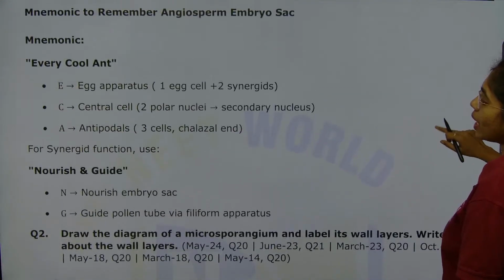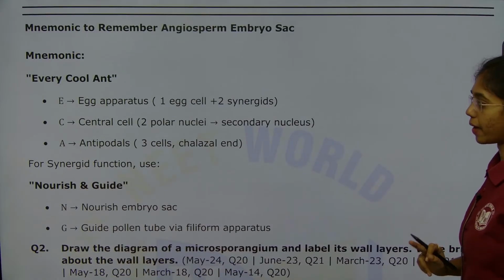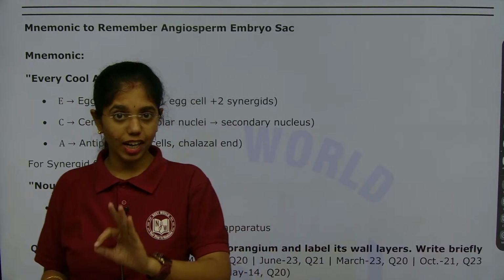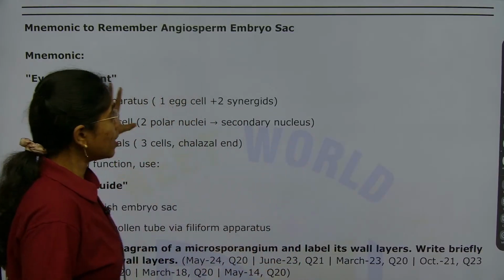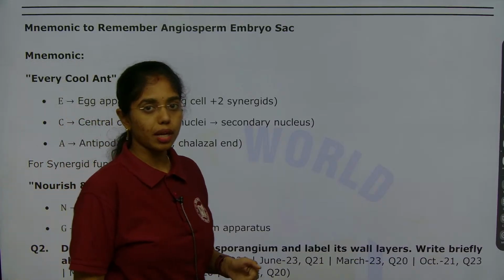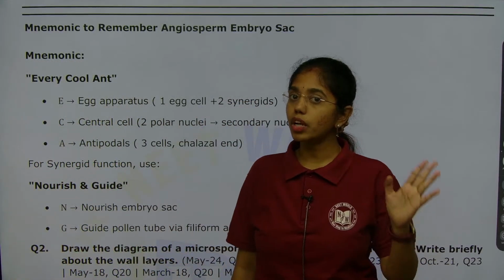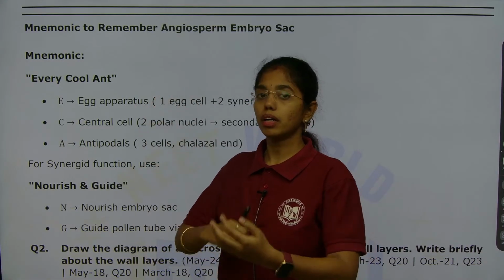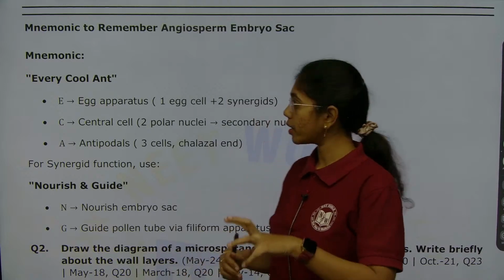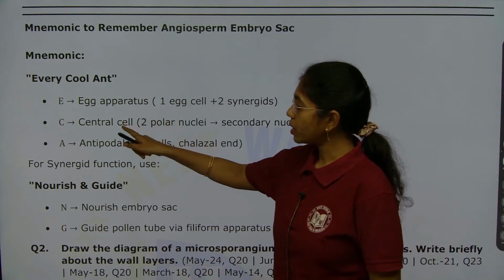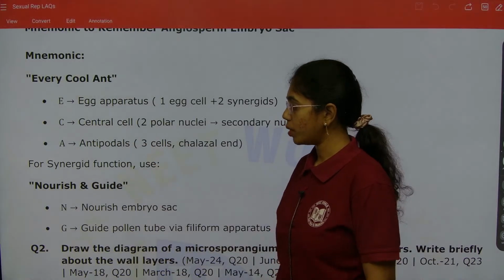Next, a mnemonic to remember the angiospermic embryo sac. You should not write this mnemonic anywhere in your exam; it is only to remember the answer in a sequential manner. Most students will not require any mnemonic, but if you need one, you can remember "every cool ant": E for egg apparatus, C for central cell, A for antipodals.